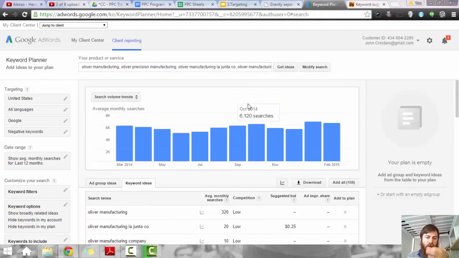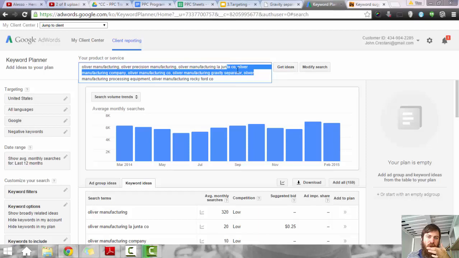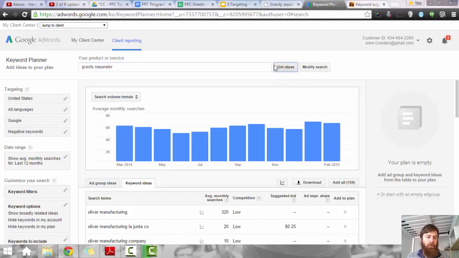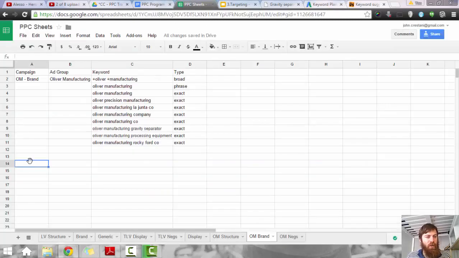So let's look at this keyword planner. One thing I did take away is that it looks like their gravity separator and their processing equipment are pretty important. Because everything's so targeted, I'm going to start and build out the generic campaign in this sheet.